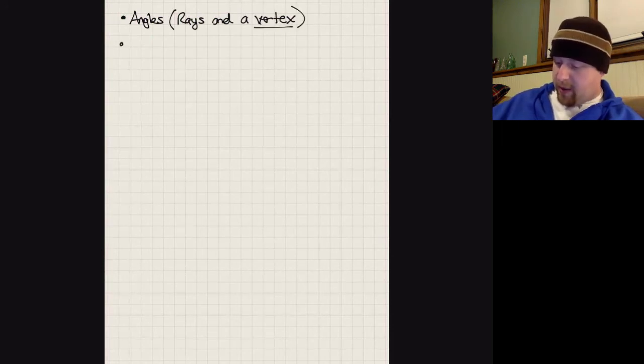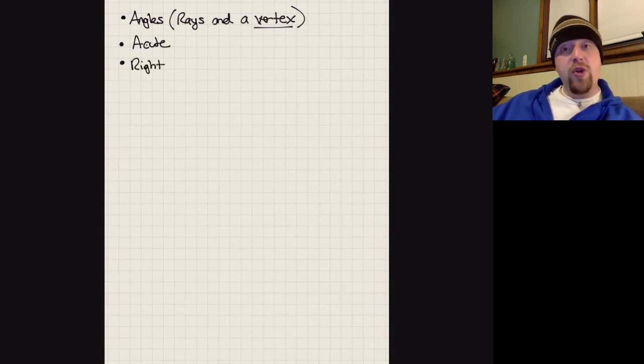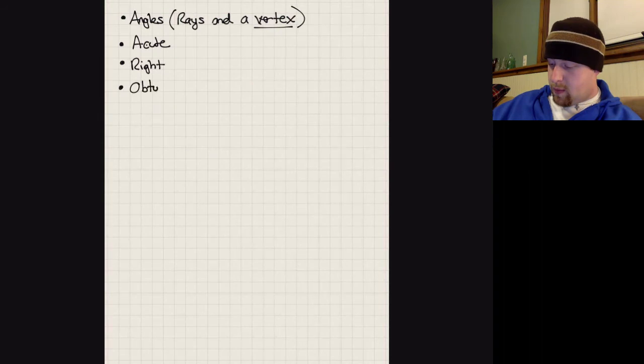We've been talking about things like acute angles, which are smaller angles, right angles, which are formed from 2 perpendicular lines, or 2 rays that are perpendicular, and then obtuse angles. We've been talking about adjacent angles. We've been talking about complementary angles. We've been talking about supplementary angles.